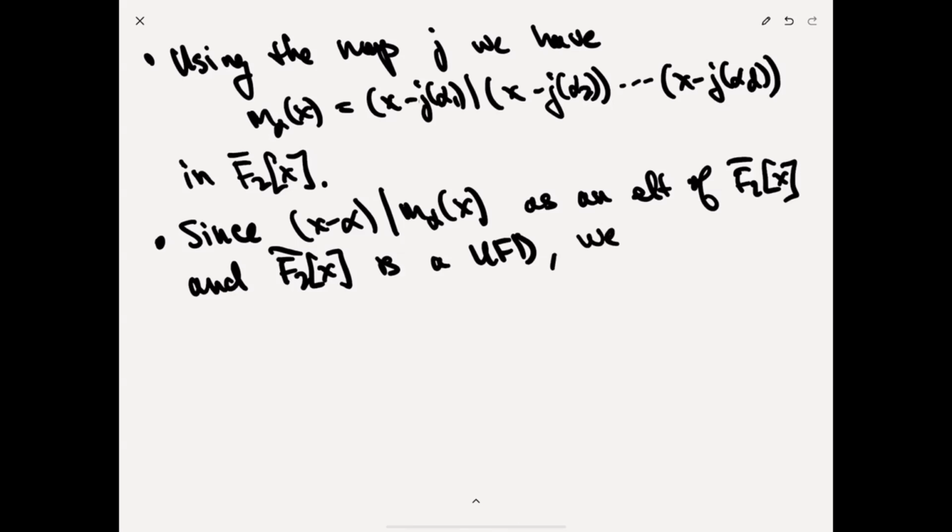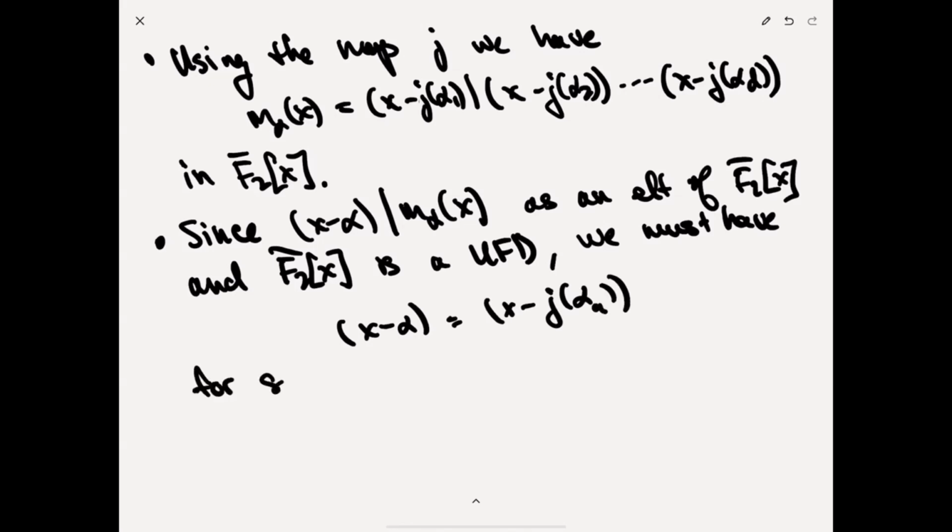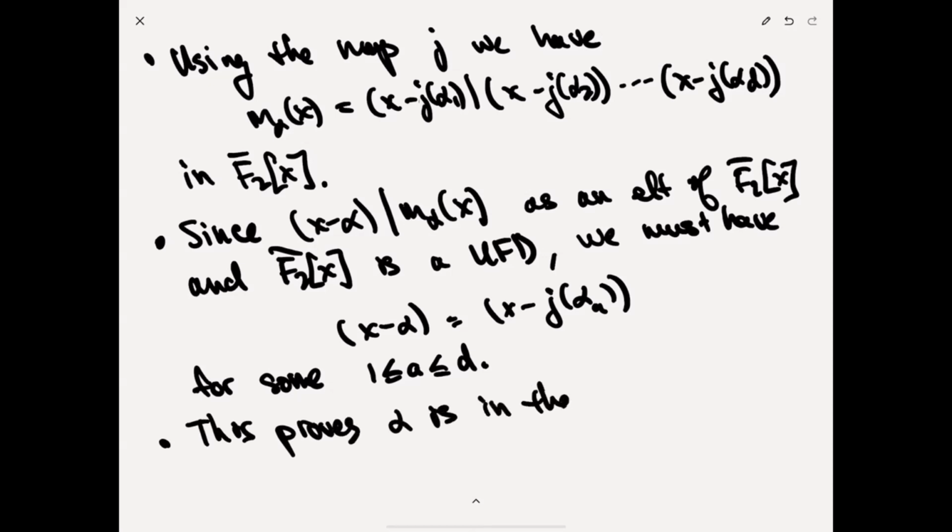This is irreducible, so we must have X minus alpha is equal to X minus J of alpha, index a, for some a in this range. And so this proves that alpha was actually in the image of J, which is a contradiction.